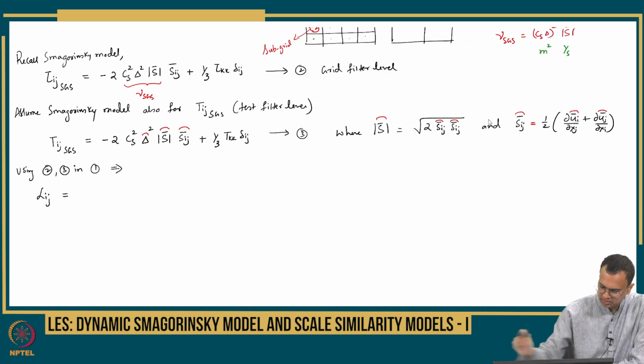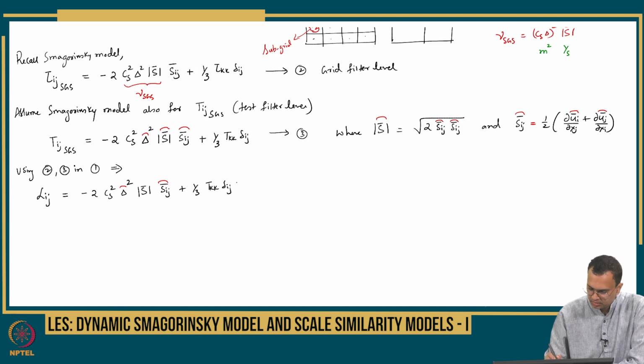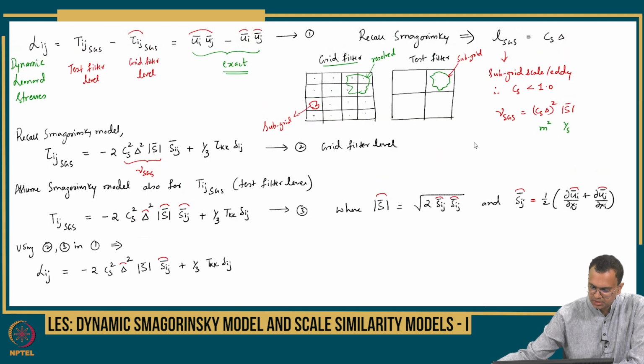So Tij SGS I am substituting here, which is minus 2 CS square delta square plus 1/3 Tkk delta ij, and then this is the Tij SGS, and I have tau ij SGS test filtered, and then test filtering operation on that.